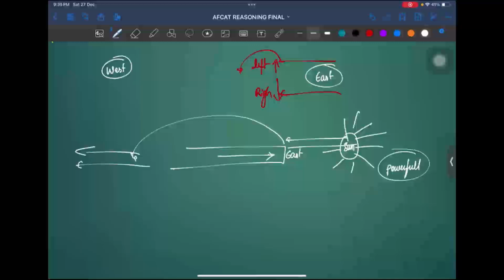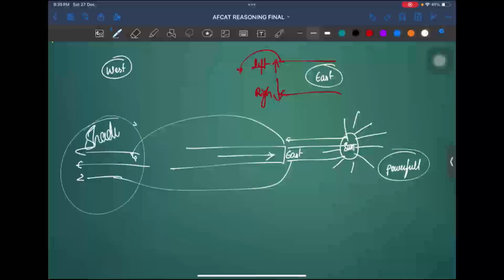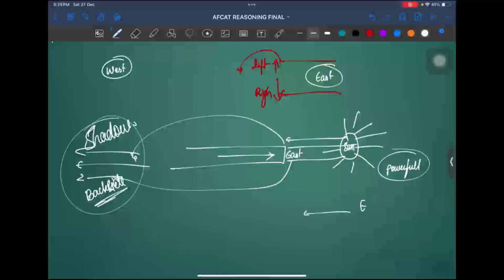Sunrise rays will always move towards west. So here the shadow of the person will be on his backside. When a person is standing towards the sun, that is east, the shadow will be on his backside.